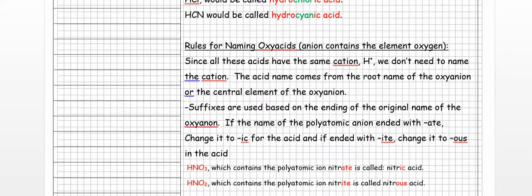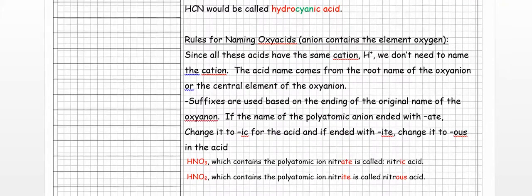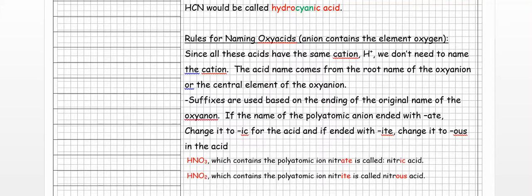Hydrocyanic acid. Now, if it contains the element oxygen, then we name it a different way. Since all these acids have the same cation, we don't need to name the cation. The acid name comes from the root name of the oxyanion or the central element of the oxyanion. Again, it sounds complicated.